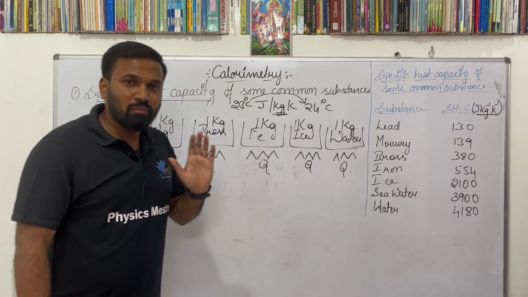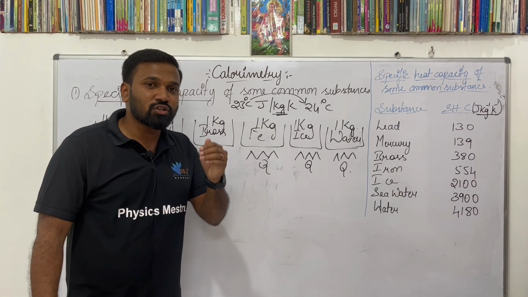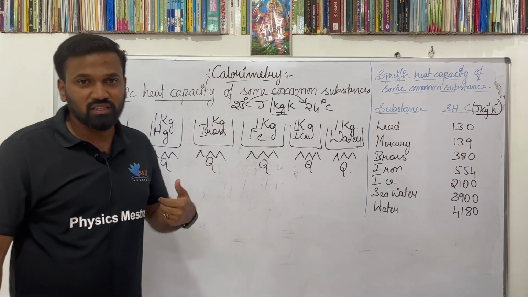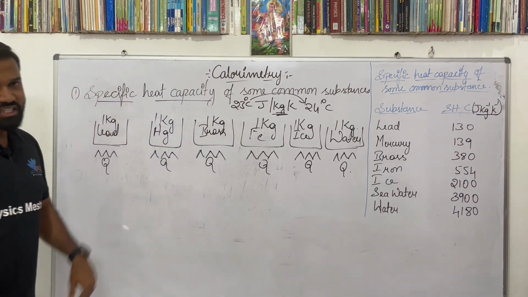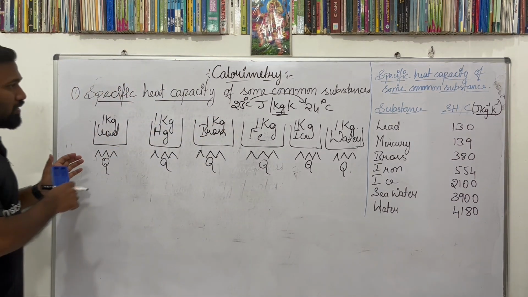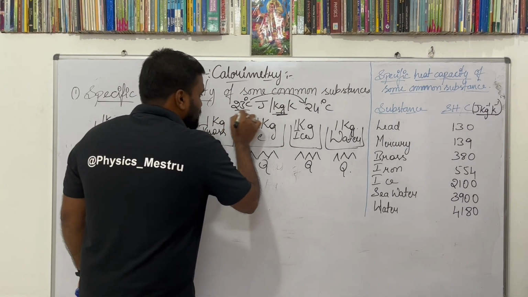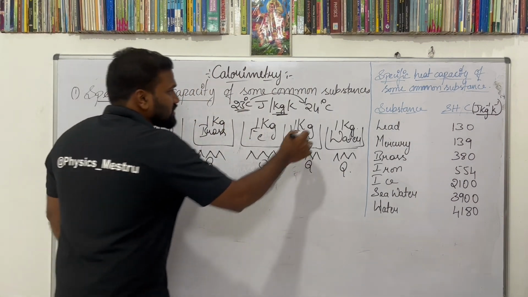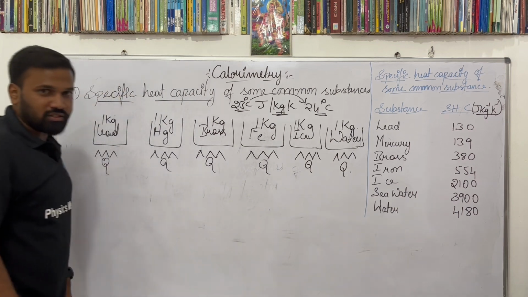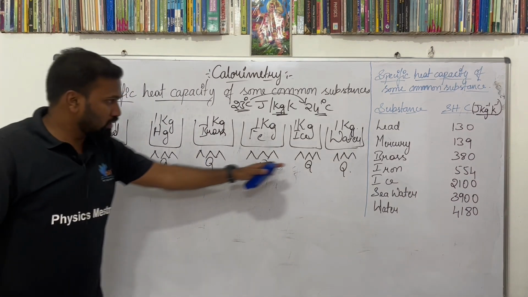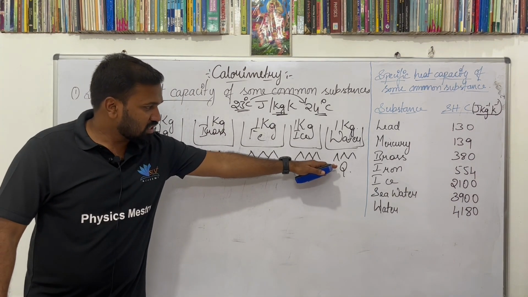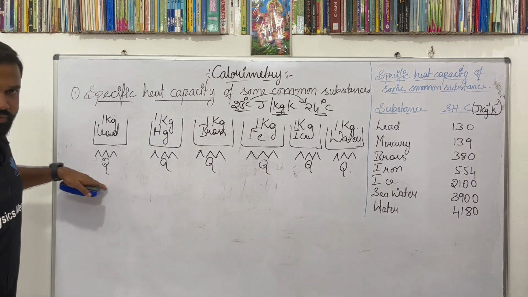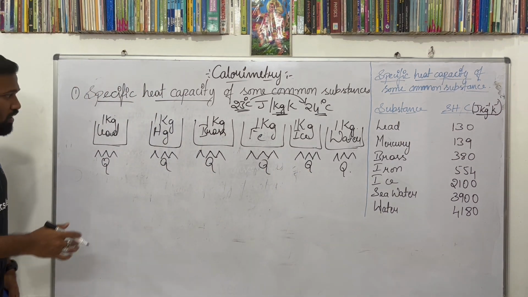So for any mass, to raise its temperature by 1 degree Celsius, how much energy is needed? That is nothing but the specific heat capacity. Now all the substances are at 23 degrees Celsius, and I want to raise them to 24 degrees Celsius. To all the substances I am giving the same amount of heat energy.